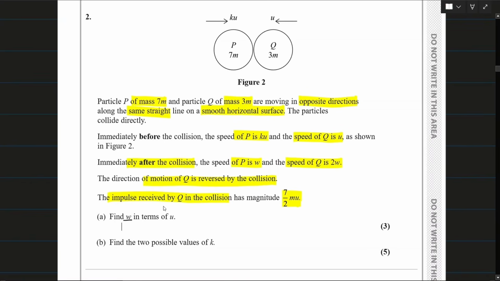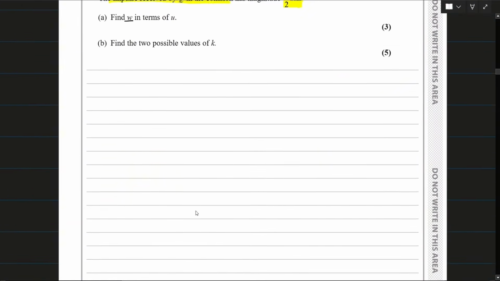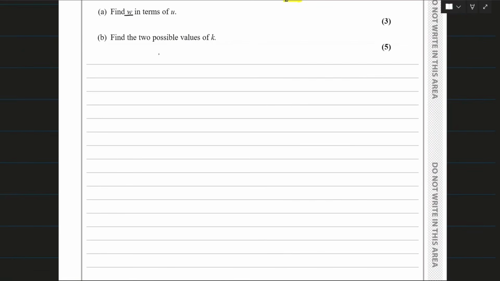Now if we consider the impulse received by Q, which is 7 by 2 mu, we can use this information to find the value of w. The impulse received is in this direction and has a magnitude of 7 by 2 mu. This is given in the question.